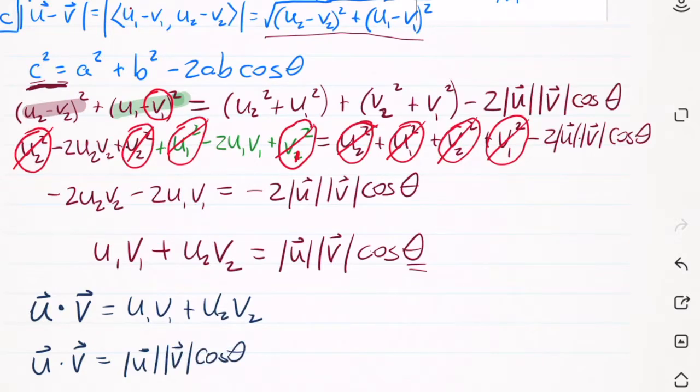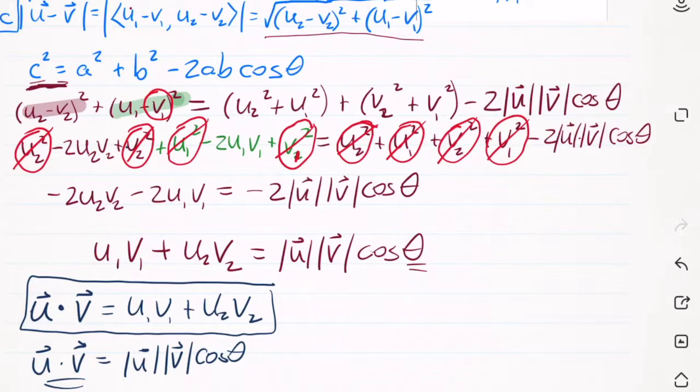Now, defining it this way allows you to come up with a numerical answer and then substitute it in here, and then you can solve for cosine of theta. But u dot v defined as u1 v1 plus u2 v2 is really important and it has a lot of applications. This formula down here is generally used to find the angle theta.